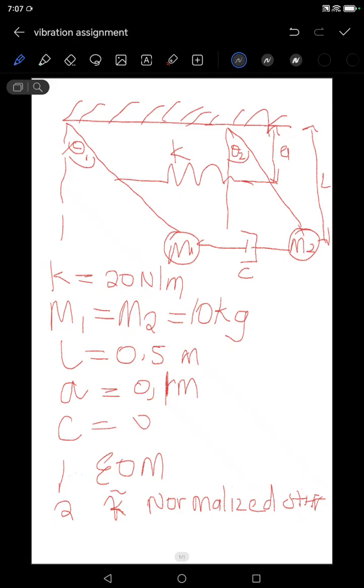Then number 2 we're going to do normalized stiffness, and then number 3, that's where we're going to do eigenvalues and natural frequency. Number 4, we're going to do the eigenvector.